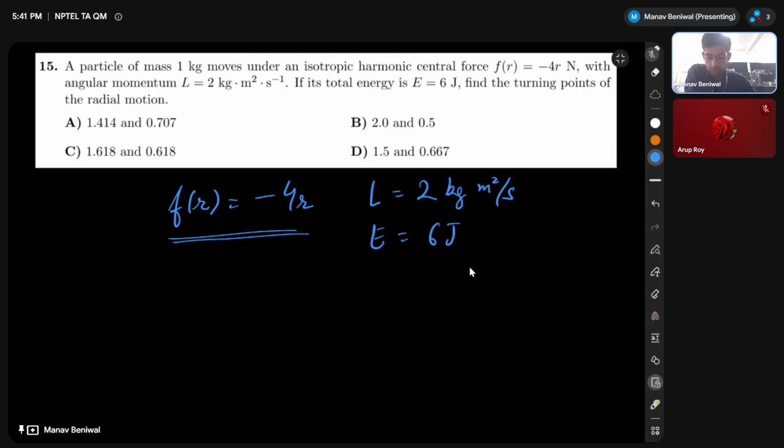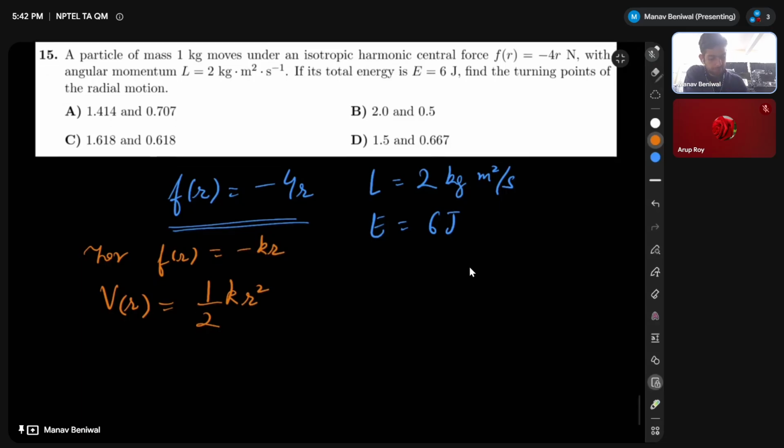This is the isotropic harmonic central force, and its potential V of r is simply half k r squared, right? So for F of r equals minus k r, we get this potential.